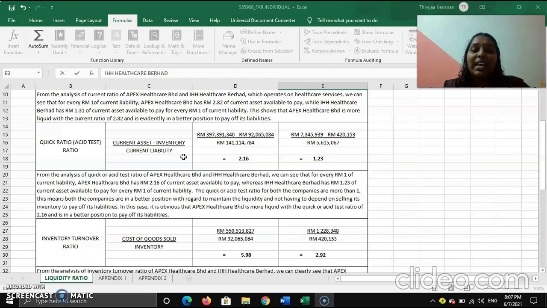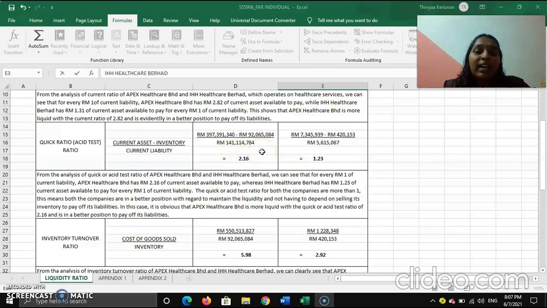For APEX Healthcare Berhad, the current asset 397,391,340 ringgit minus inventory 92,065,084 ringgit divided by liability 141,114,784 ringgit equals to 2.16.